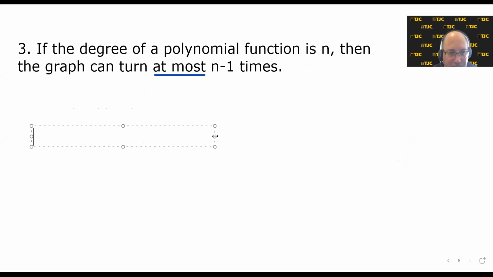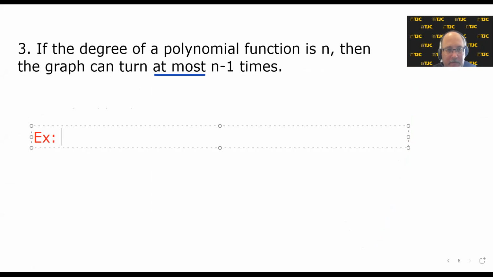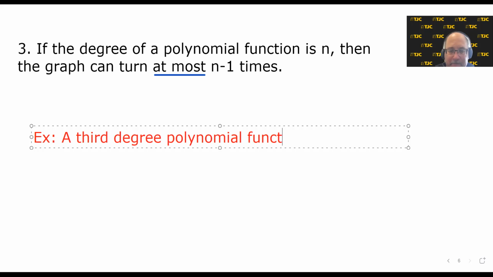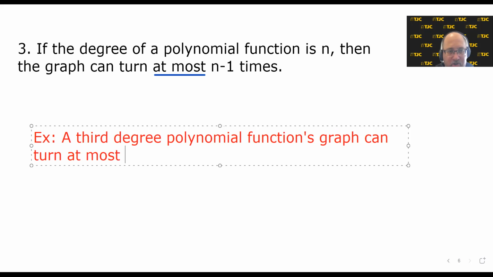A third degree polynomial function's graph can turn at most 3 minus 1 is equal to 2 times. It doesn't have to turn 2 times, but it can't turn more than that.